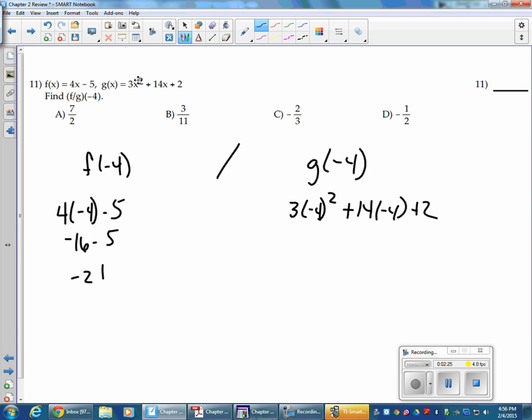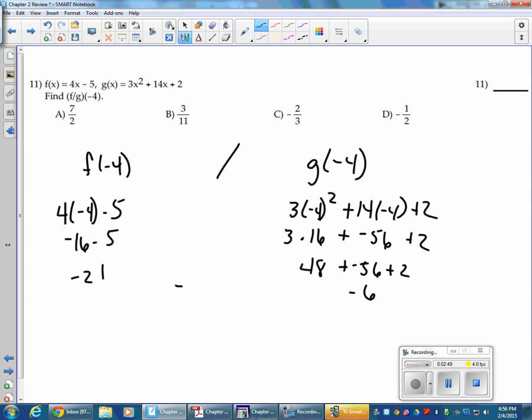I'm plugging in negative 4 everywhere there's an x in the g of x equation. So that's 3 times negative 4 squared, which is 16, plus 14 times negative 4, which is negative 56, plus 2. 3 times 16 is 48, plus negative 56 is negative 8, plus 2 is negative 6.